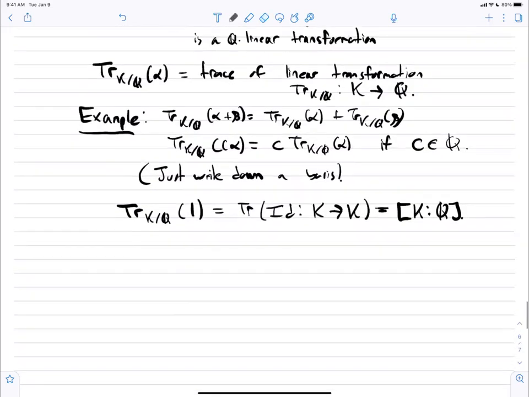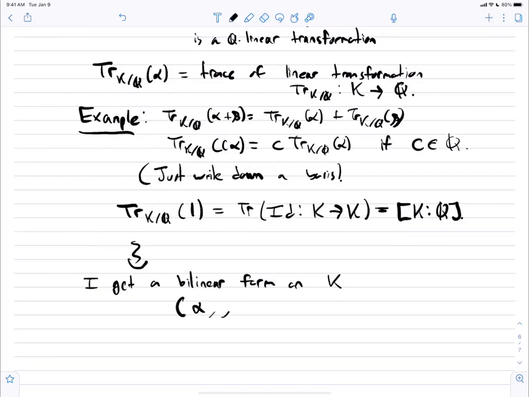So then using this, I get a bilinear form on K called the trace pairing, which is defined by: the pairing of alpha and beta is the trace of alpha times beta.